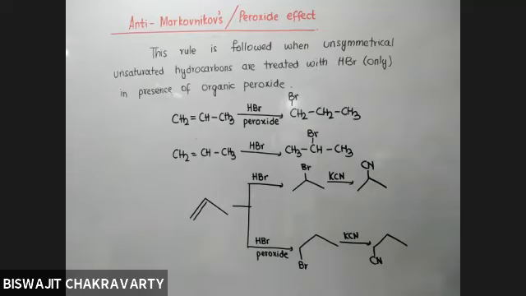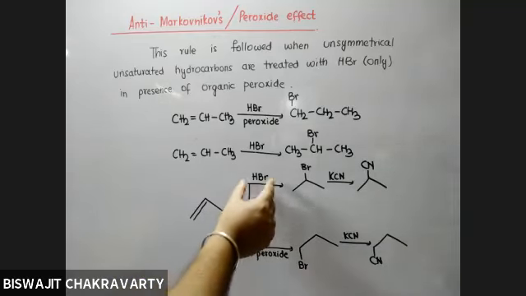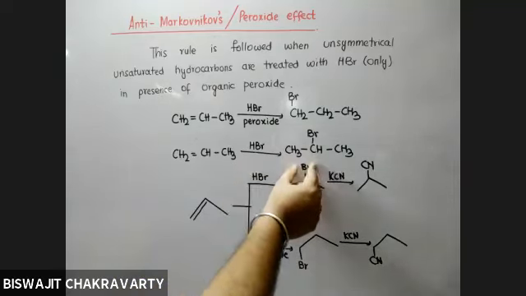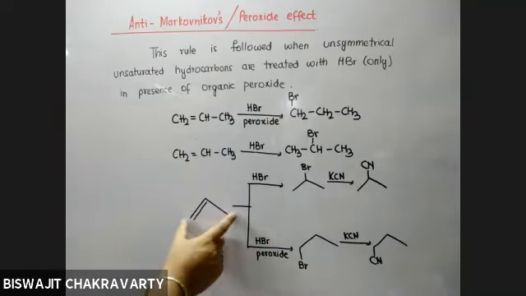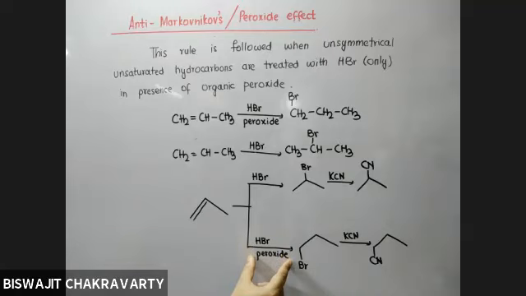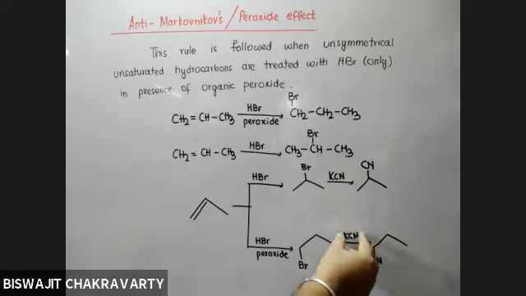Once you carry out Markovnikov's addition, whatever was the position of Br, that will remain intact. Once you carry out the anti-Markovnikov's rule, whatever was the position of the Br, that will remain intact, and one after another, depending upon what reagent you are using, accordingly, the functional groups will also keep on changing. Understood?